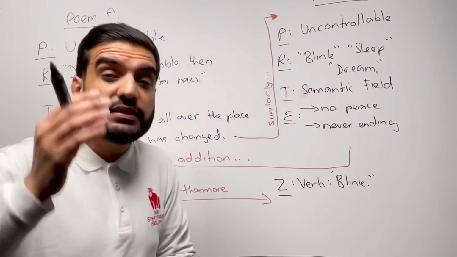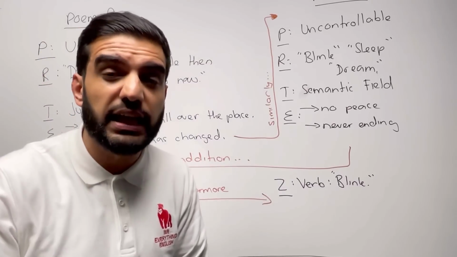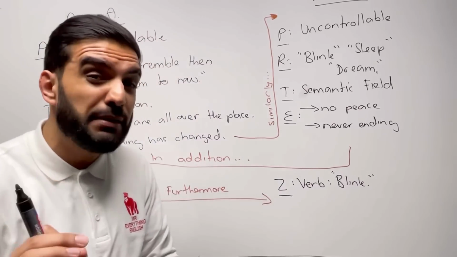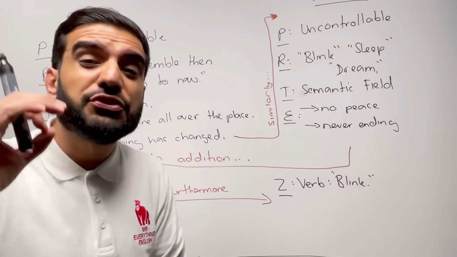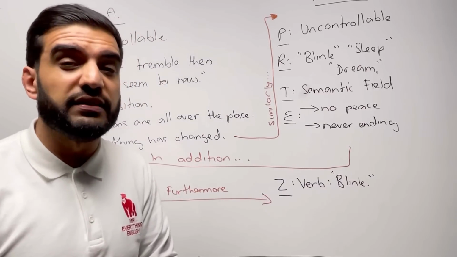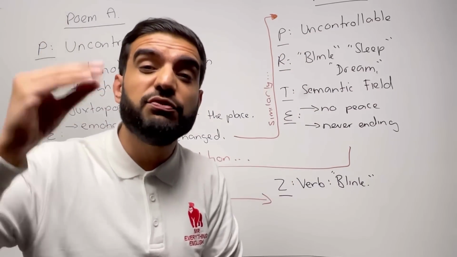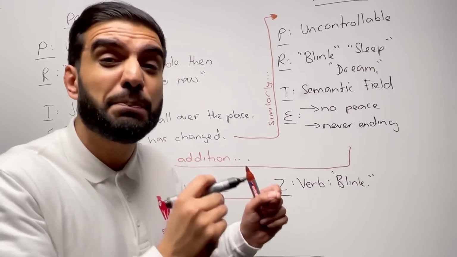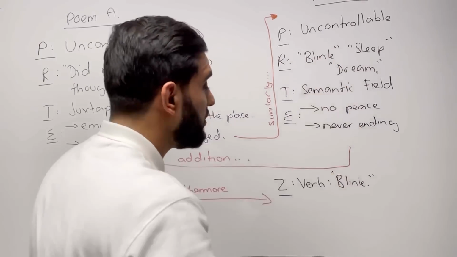But the fact that this guy's blinking, just the mere act of blinking, is causing him distress, shows how severe his inner conflict is, and shows how it's uncontrollable. Because why? We blink every second, and the fact that this is what's happening to him shows his suffering way more than the other two verbs.